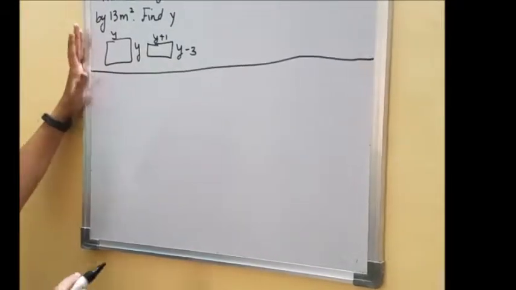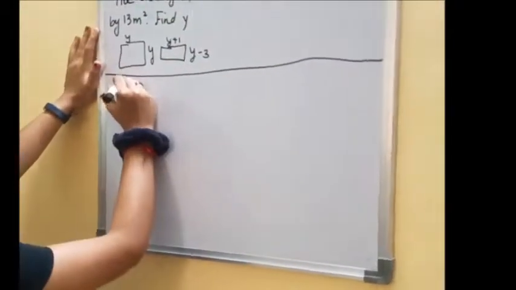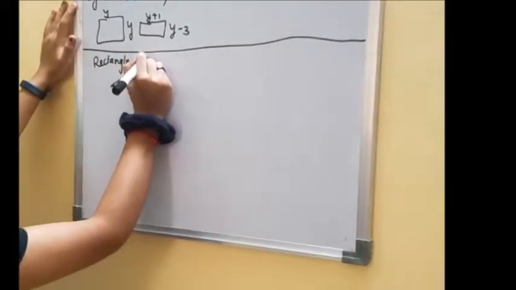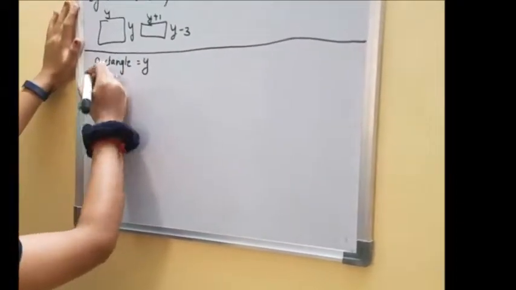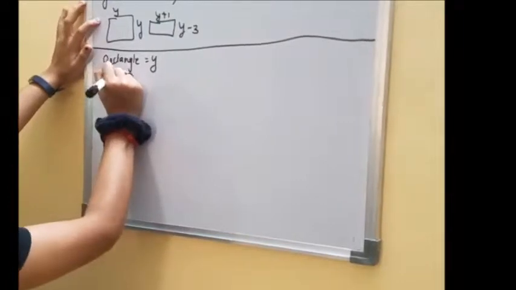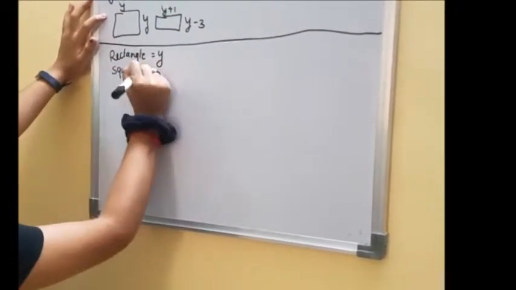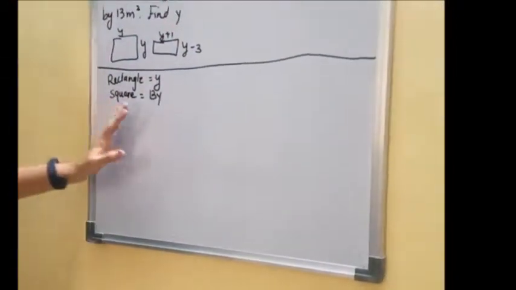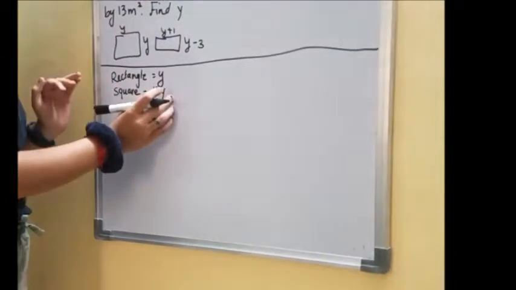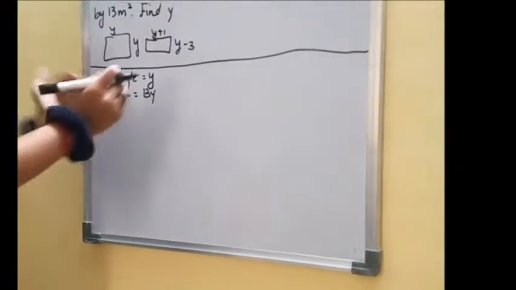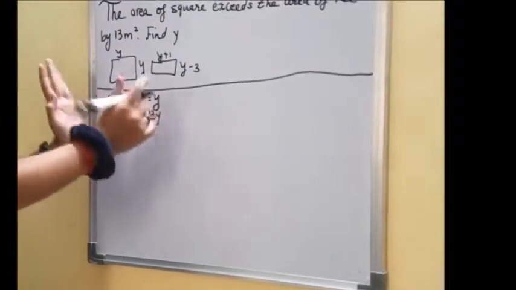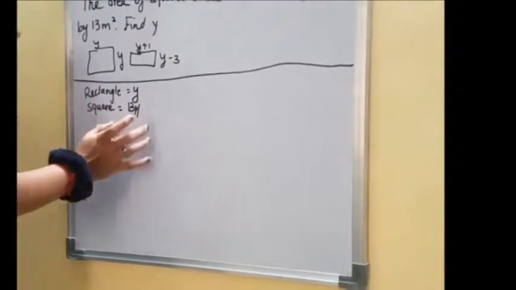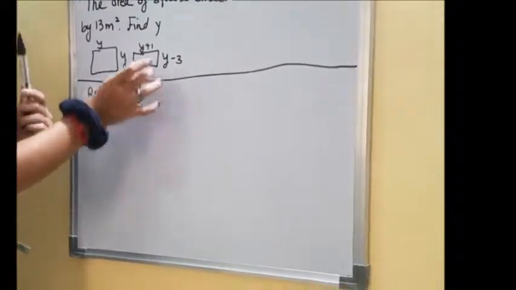So in this case, we're going to take the rectangle as y, and we're going to take the square as 13 plus y.